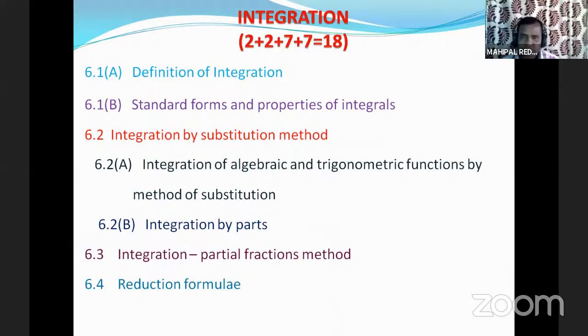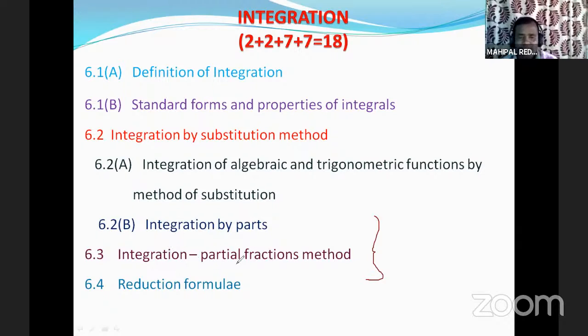But in this COVID situation, the last 3 topics, integration by parts, integration by partial fraction method, and reduction formula, are deleted for this academic year. So these 3 topics are removed, especially for this academic year.